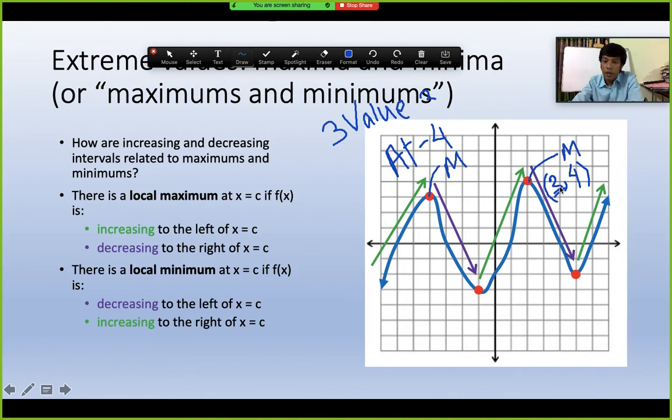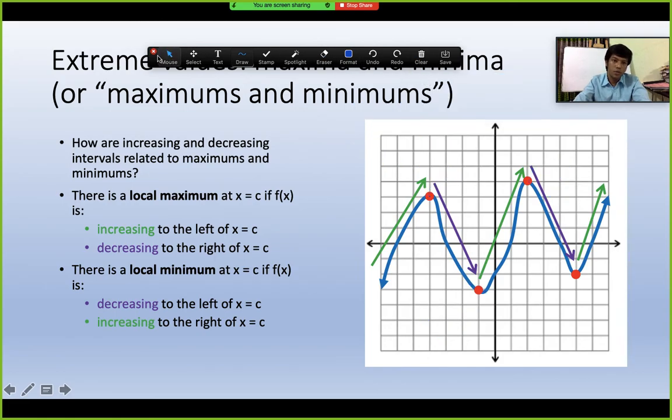If I ask what is the value of your maximum at 2, the answer is 4. Same thing for the minimum. This is minus 1 comma minus 3. If I ask where this minimum is, you will say at minus 1. And if I ask what is the value of your minimum, you will say the value is minus 3. Value means y. Where means x.